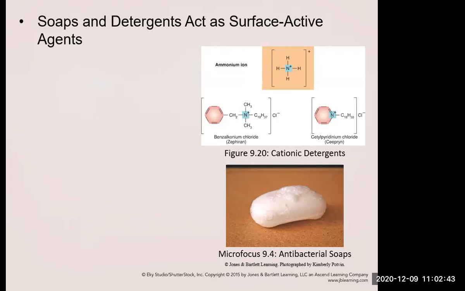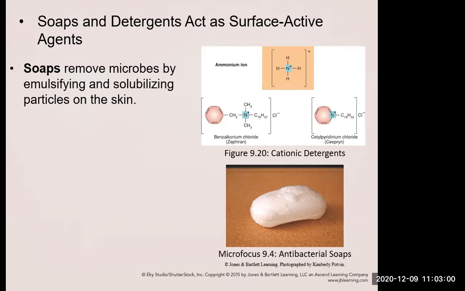All right, I think we have one more slide after this, maybe. Two more after this? All right. So soaps and detergents, we're going to call these surfactants. So it is something used to clean a surface. So a soap is going to grab bacteria on a surface.